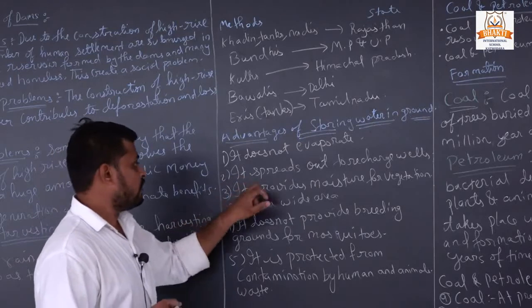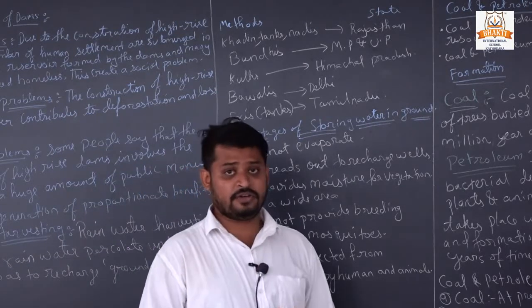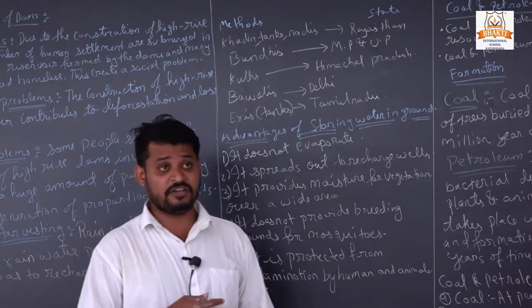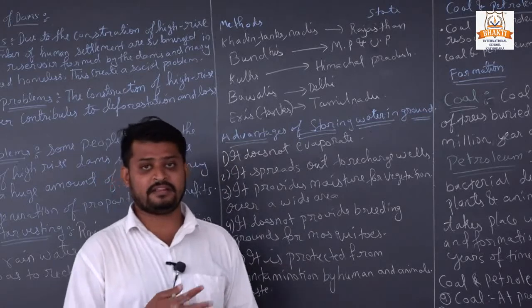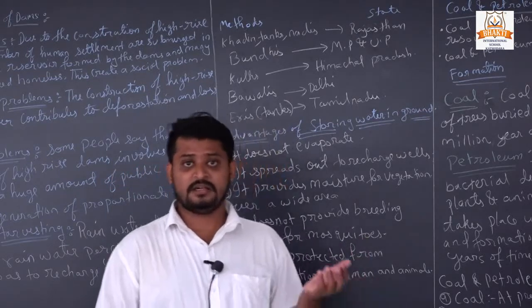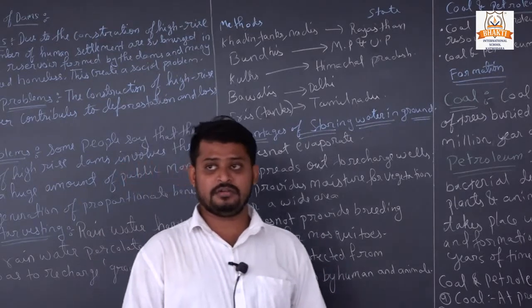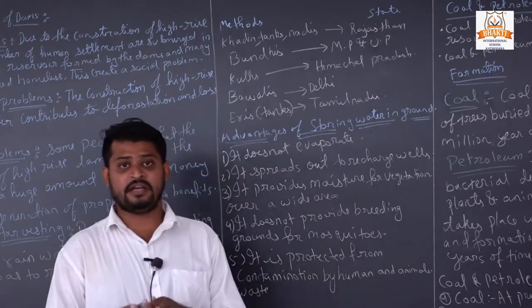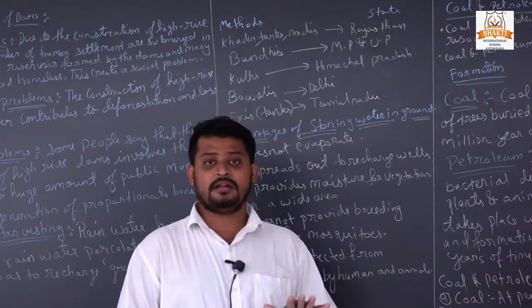It also spreads out to recharge wells. We all see that in our villages there are wells, and all the villagers get water mostly from wells, but the well water level is also falling down. So if we store water in ground, it will continuously maintain the water level of the well.